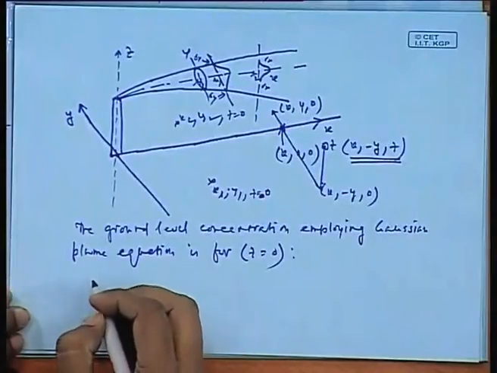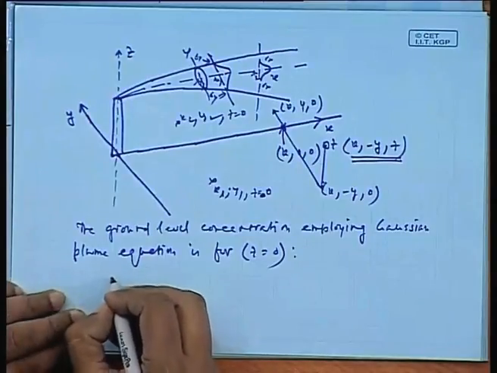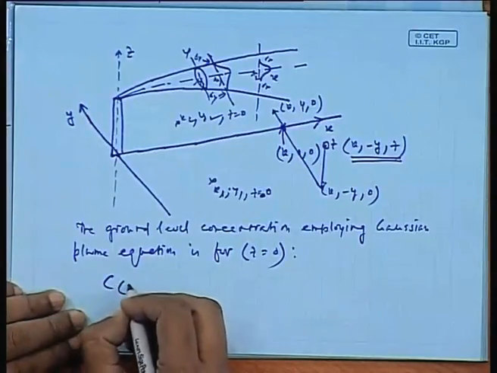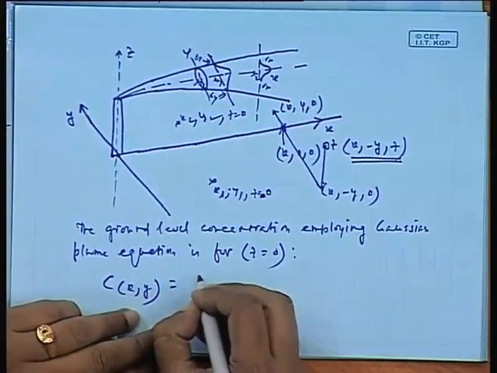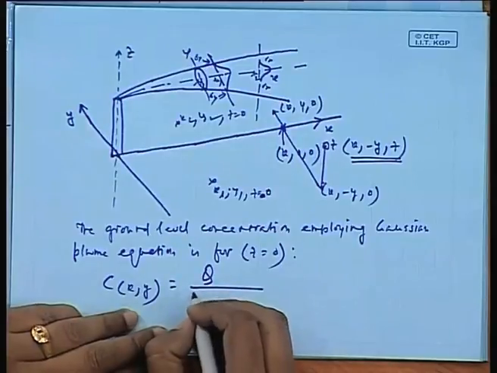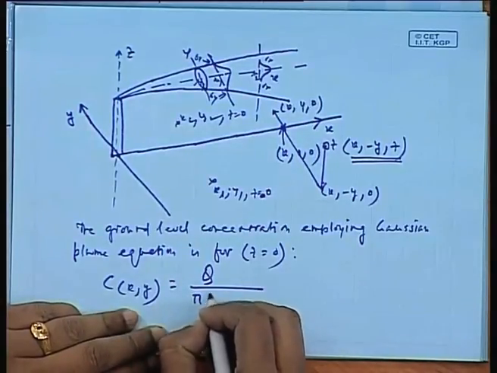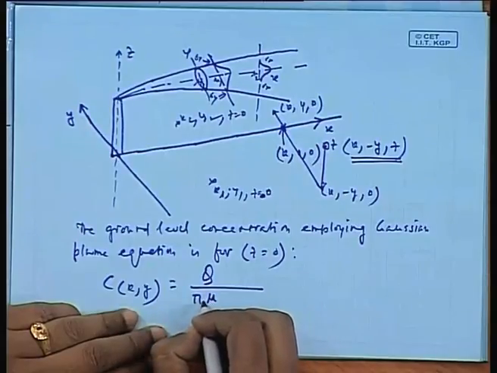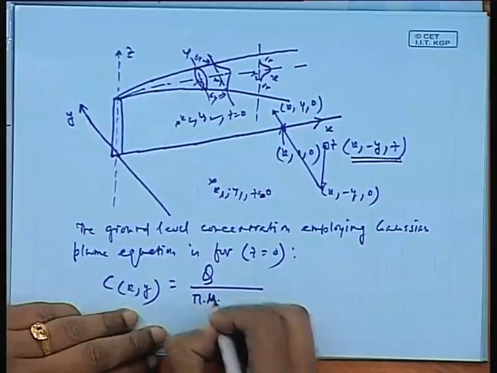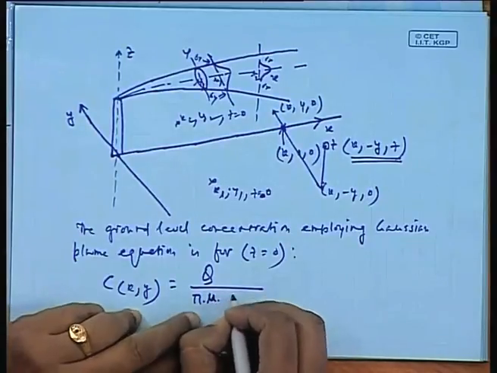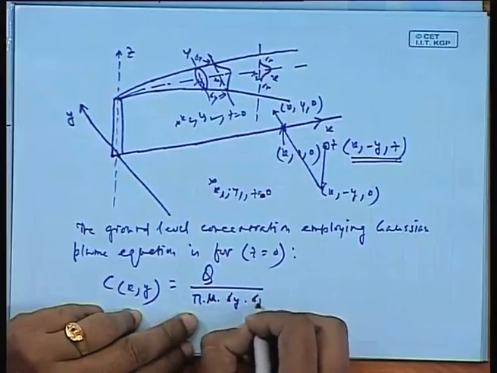So here, the Gaussian Plume distribution gives the concentration at x and y, which can be written as q divided by pi mu u, the velocity u. Remember, this is u, not mu or anything like that, and sigma y, sigma z.